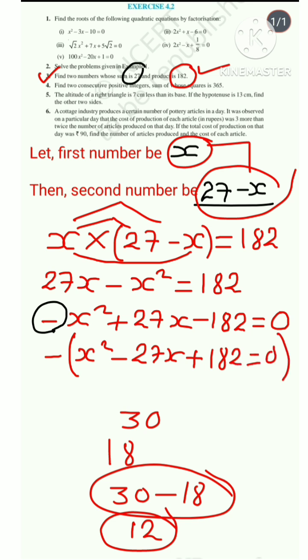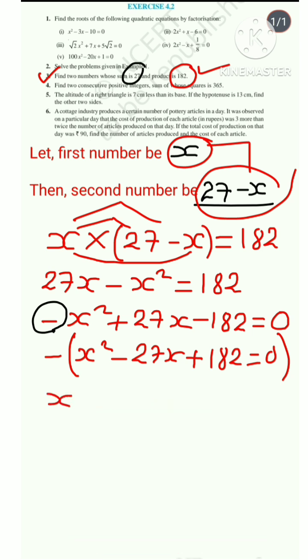So our equation will be x square minus 27x plus 182 equal to 0. Now by splitting its middle term we can solve this equation, right?